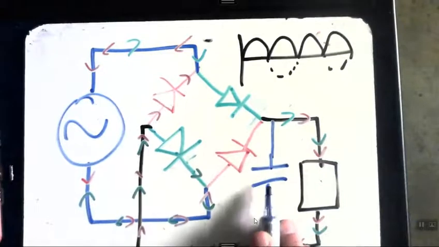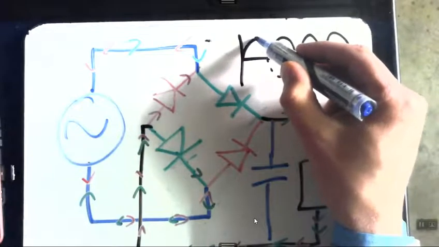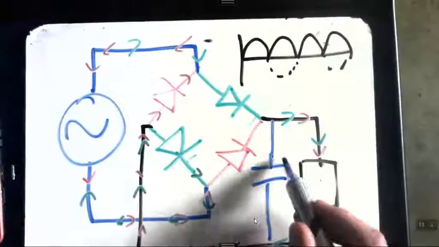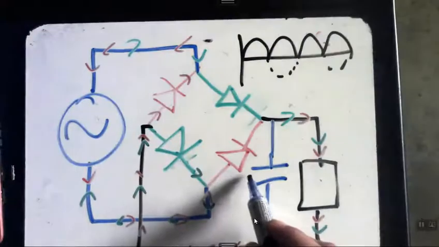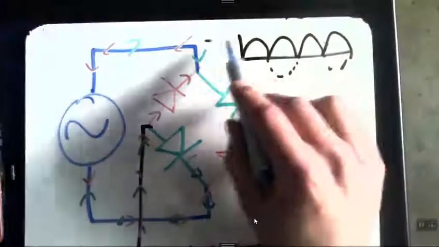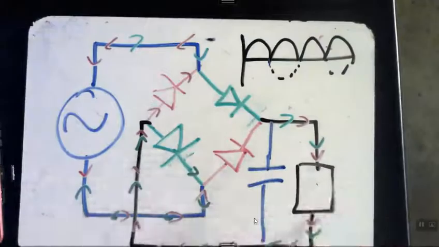Putting a capacitor in here means every time that the current goes down, it doesn't go down all the way, because the capacitor in those split seconds gives off some of its energy. It stores charge, and the moment it goes to zero, the capacitor kicks in and gives energy.